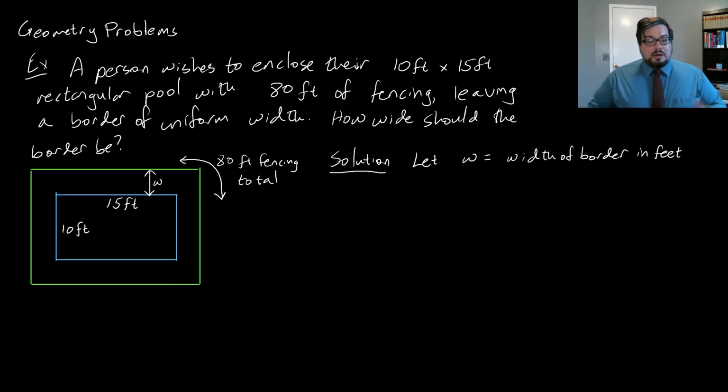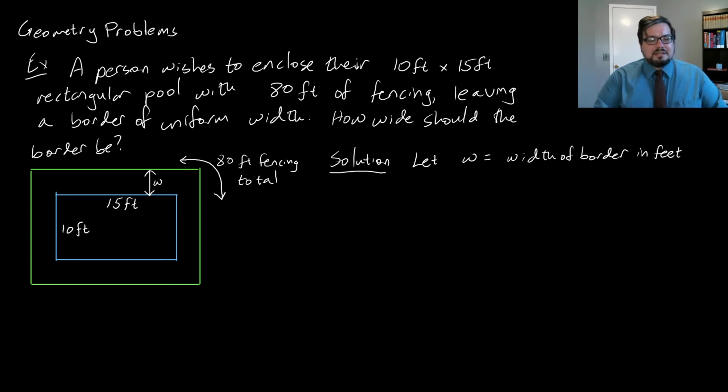Okay, so we've got this situation. We need to somehow relate this quantity we don't know, the W, to the quantities that we do know, the 10 feet and 15 feet of the pool and the 80 total feet of fencing. So what we can do is start thinking about what this 80 feet of fencing total measures.